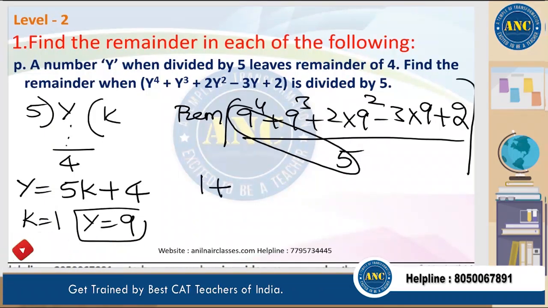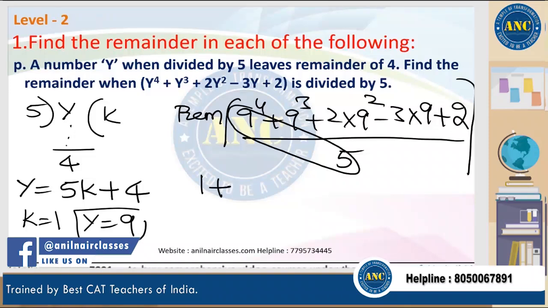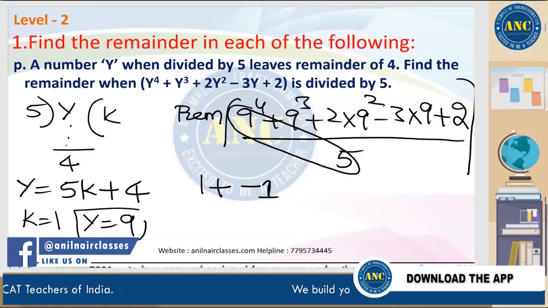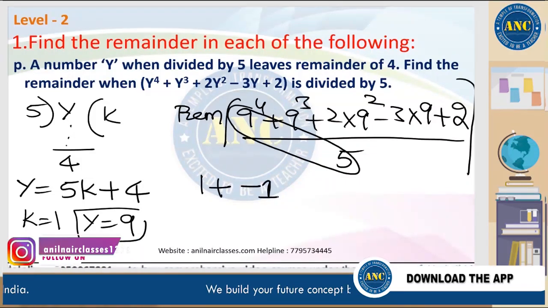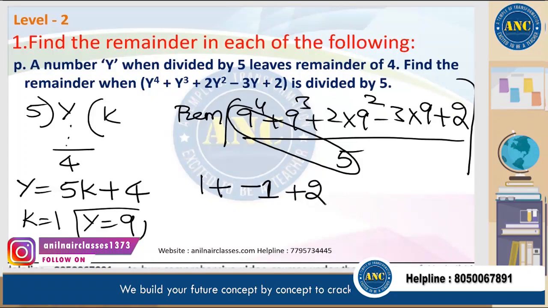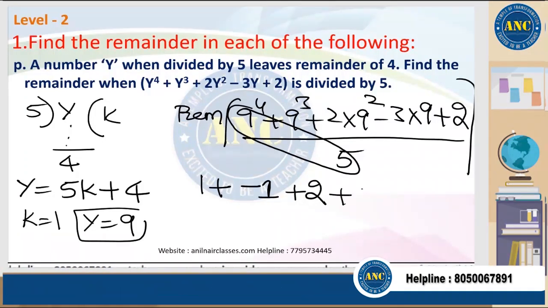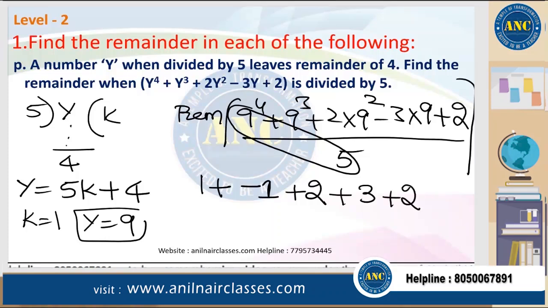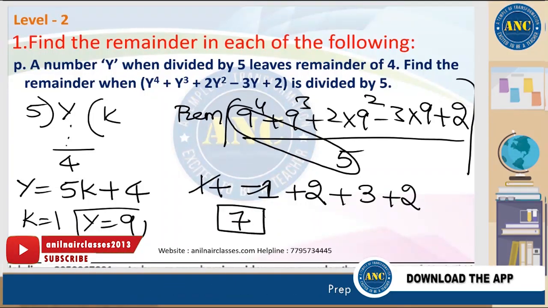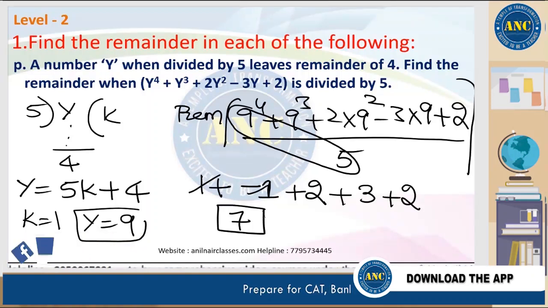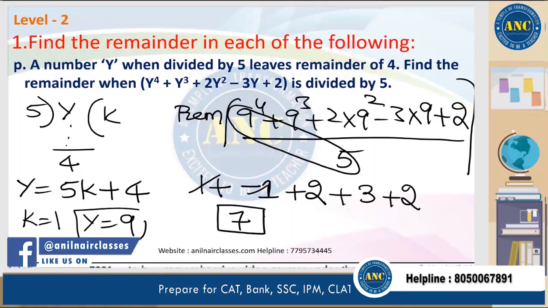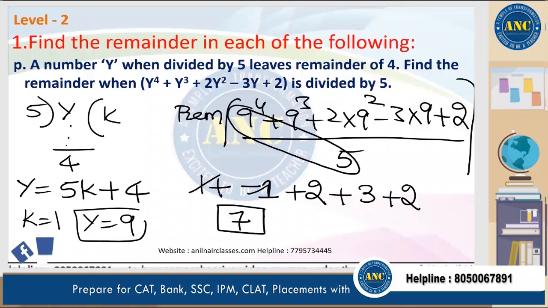Minus 1 power even is 1. Minus 1 cube is minus 1. Minus 1 square is plus 1, so 2 times that is 2. Minus into minus is plus 3. So 1 minus 1 plus 2 plus 3 plus 2, the minus 1 and plus 1 cancel, and 2 plus 3 plus 2 is 7. I hope it is clear.